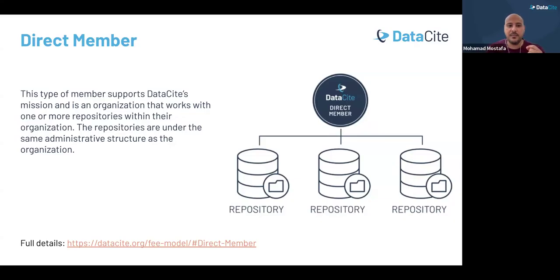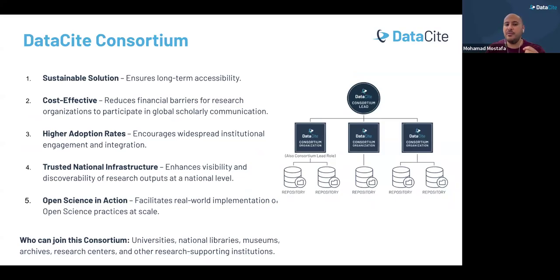We also have another path for interested organizations, whether to join an existing consortium as a consortium organization, or to establish a consortium in your country or in your region. There are several advantages to starting a consortium. It ensures long-term accessibility, because it's a sustainable solution.